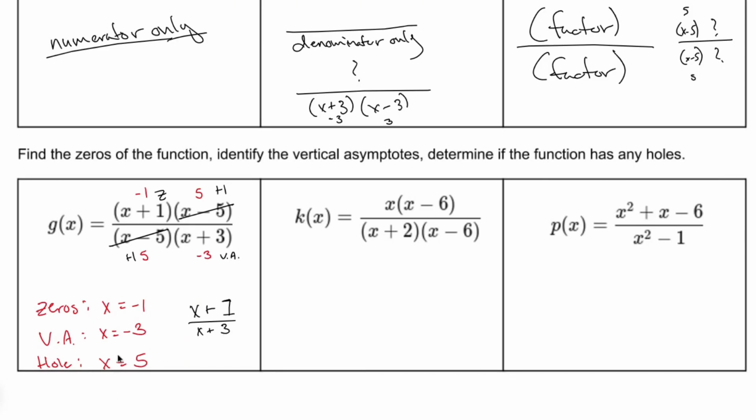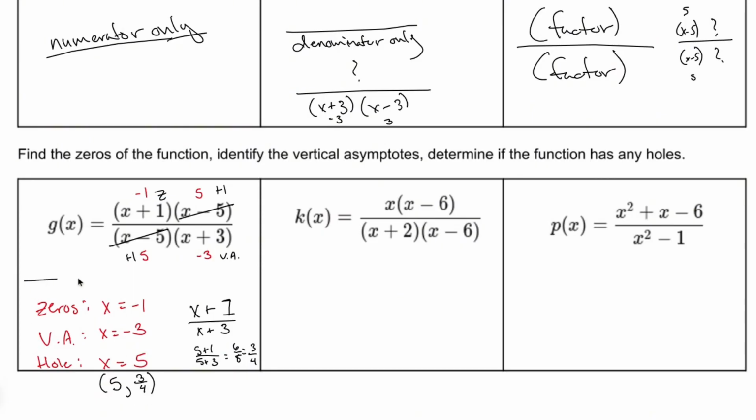We now plug in the fact that the hole exists at 5, so that becomes 5 plus 1 over 5 plus 3, which becomes 6 over 8, which simplifies to 3/4. So the exact location of the hole is going to be (5, 3/4).